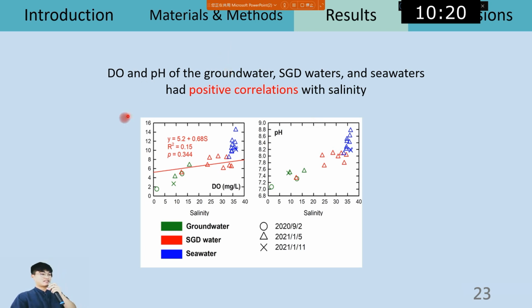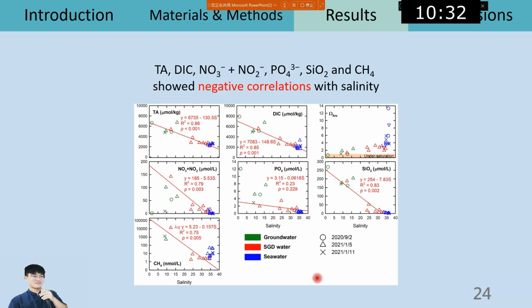And this figure is about DO and pH, and it has a positive correlation with the salinity. So when salinity is higher, the pH and DO are higher. Next is the carbonate chemistry and the nutrients, which show a negative correlation with the salinity.